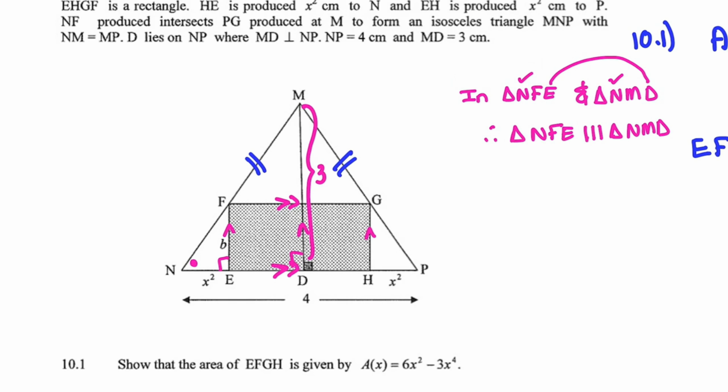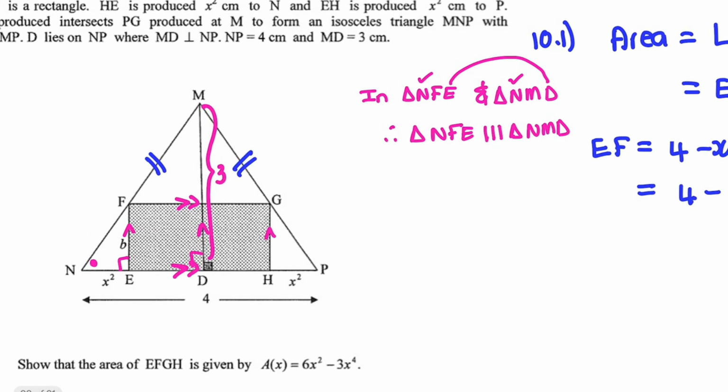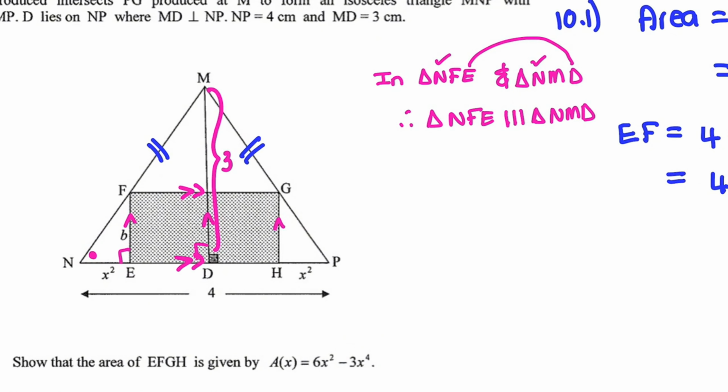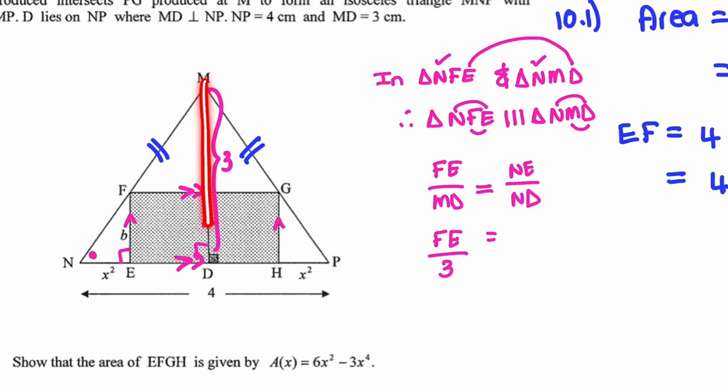And what that helps me to do is to create a ratio. So we want to find FE. So FE is grouped with MD. So FE over MD is equal to, and let's use the x squared, so that's NE. NE is working with ND. So I want to find FE. I know that MD is equal to 3 units. So you can see MD is 3. NE is equal to x squared.